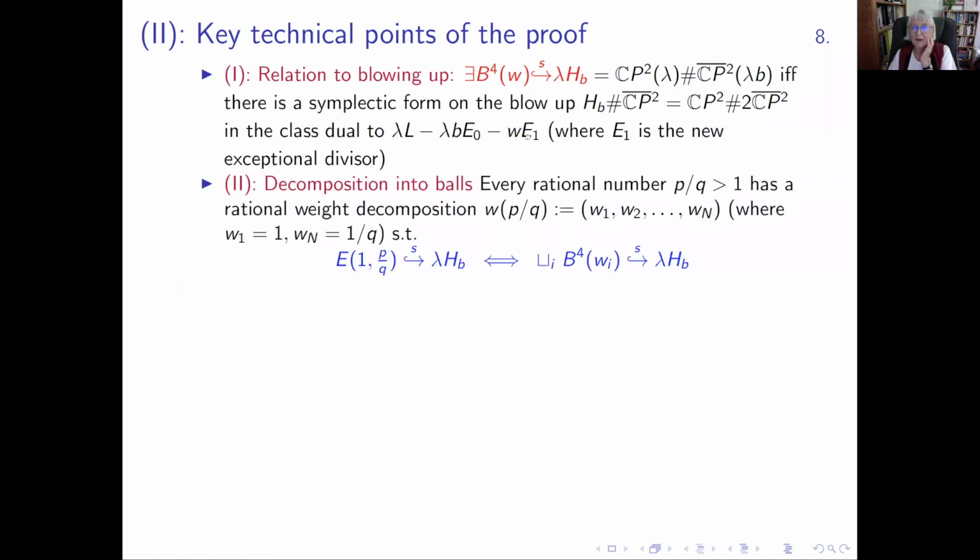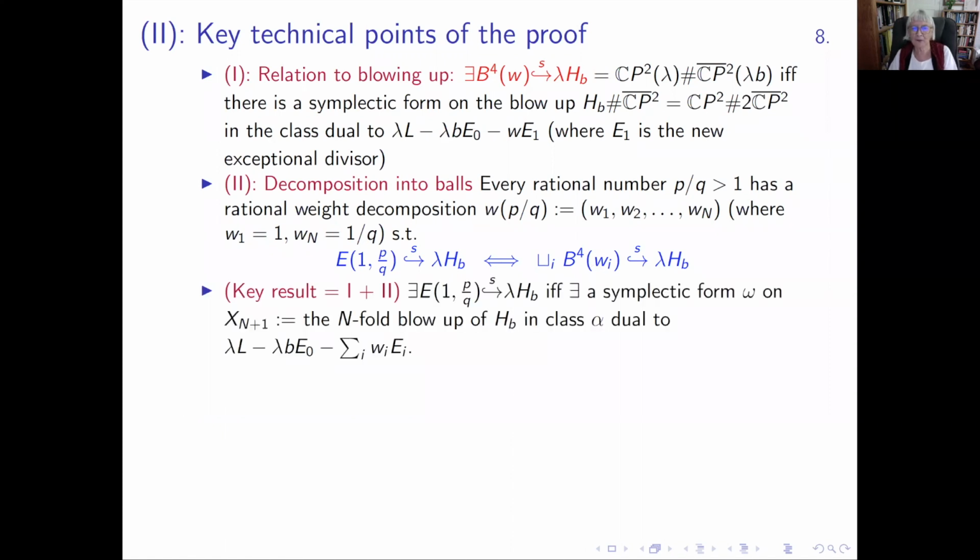And then the second basic fact is that every rational number has what's called a weight decomposition, which I will say more about. This is a decomposition into a set of rational numbers, starting with 1 and ending with 1/q, such that you can embed an ellipsoid into your manifold if and only if you can embed this disjoint union of balls into the manifold.